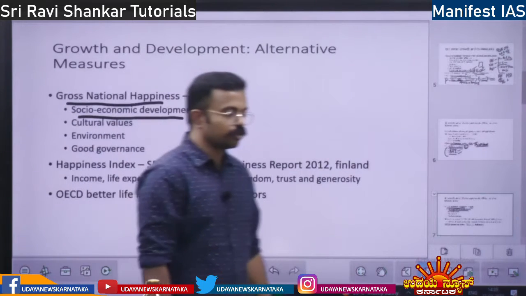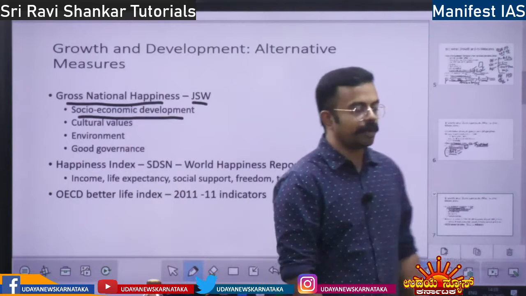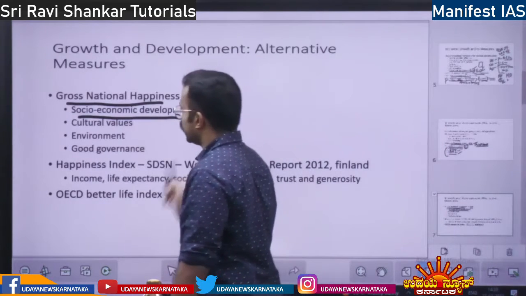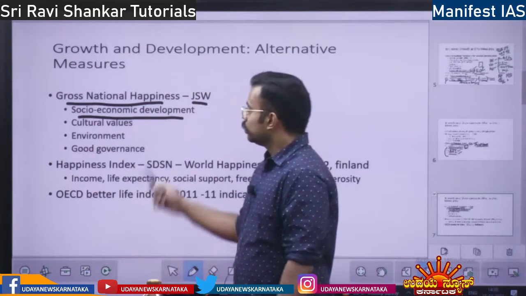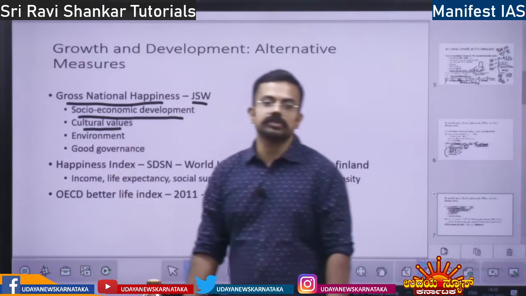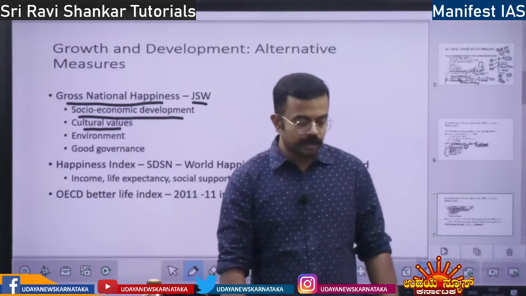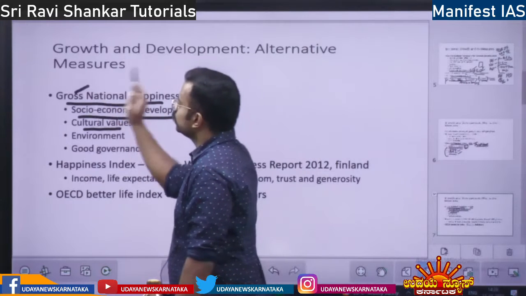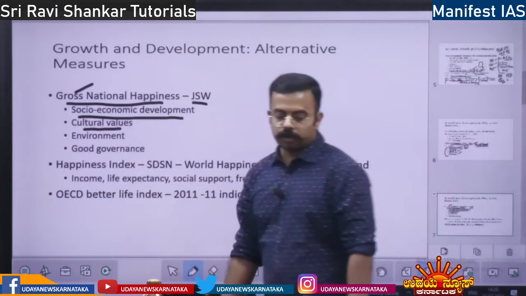First criterion, socio-economic development, social and economic growth. Not only social and economic, but also cultural values. If we follow that, then we are happy. What do cultural values mean?